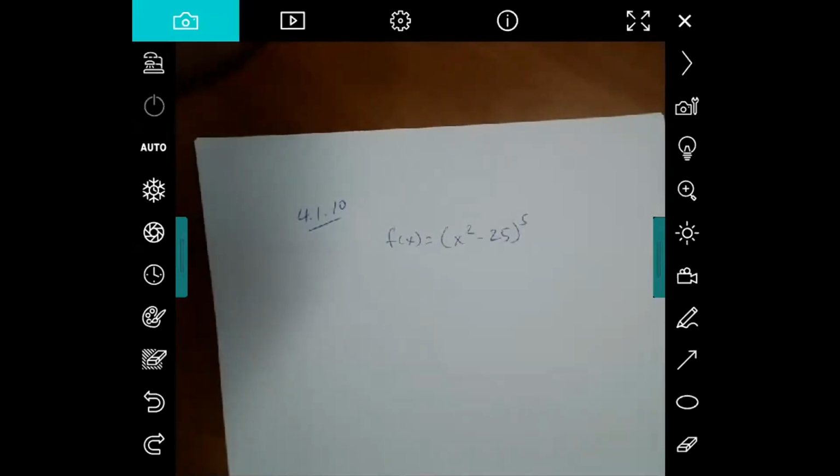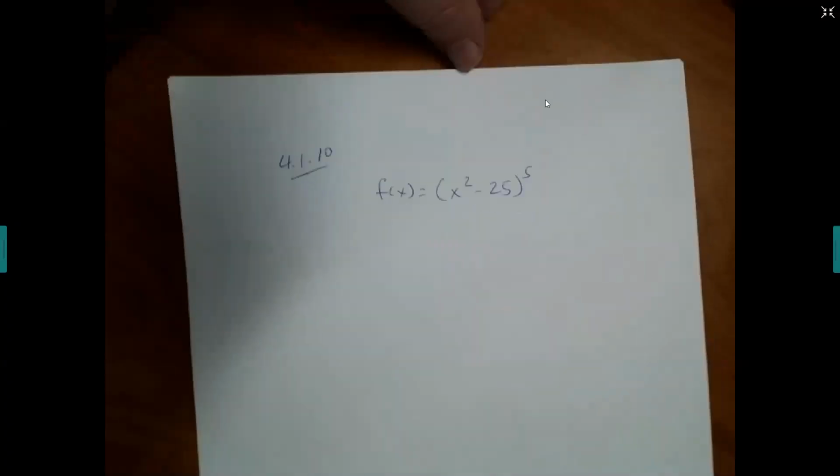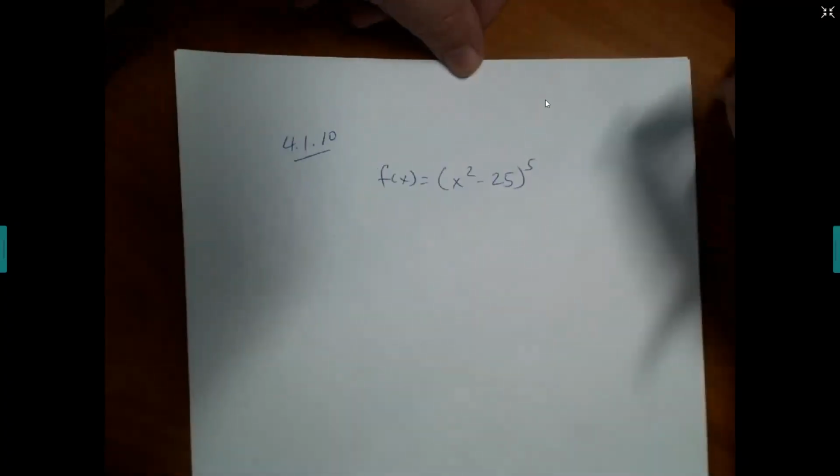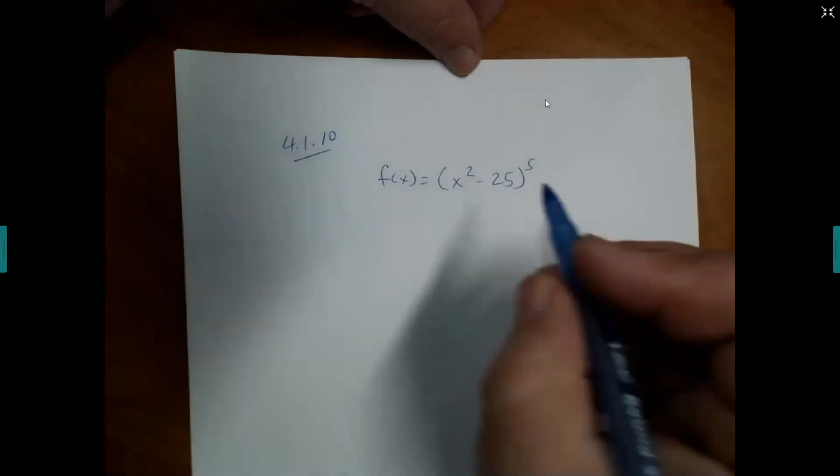The smaller zero is, and the multiplicity is, order of operations.